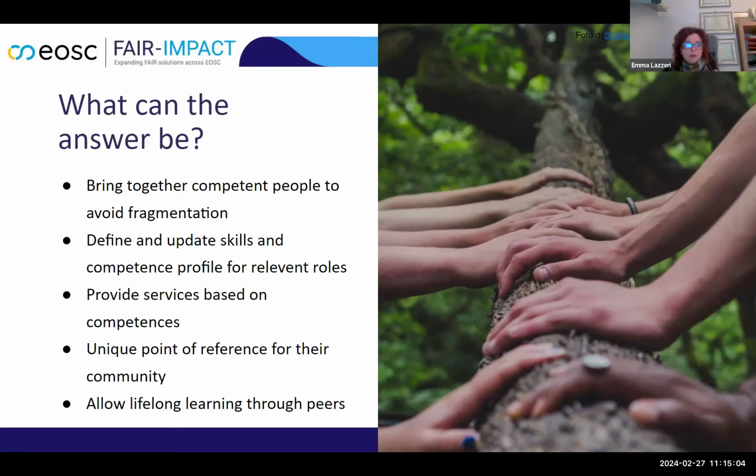So not only researchers, but also research support staff, the governance, policymakers, civil servants, and other important profiles. We need a unique point of reference for the local community, and in your case, of course, the national community. And then we need to allow, as I was saying before, lifelong learning through peers.